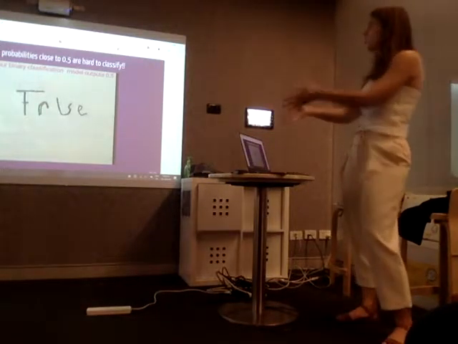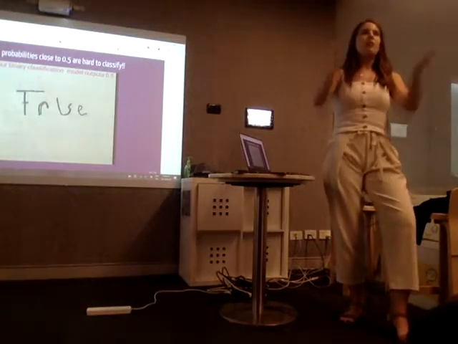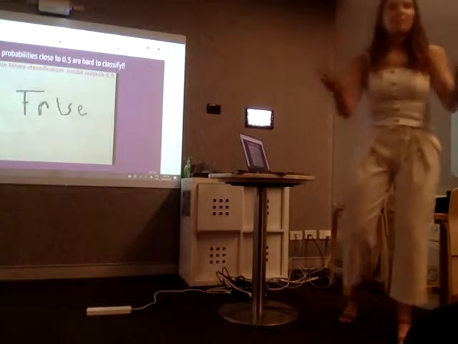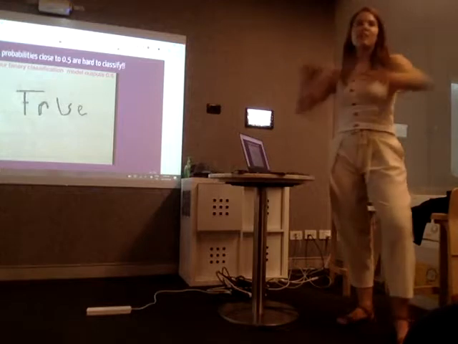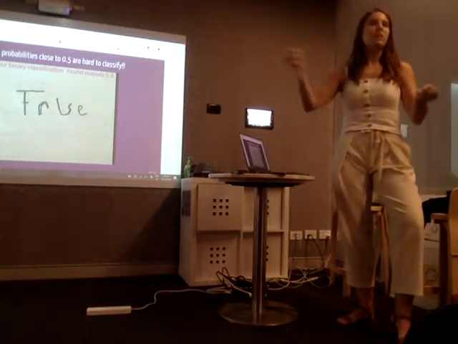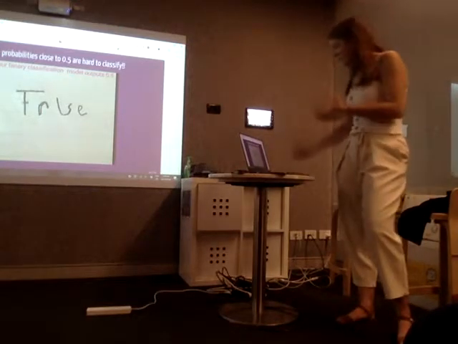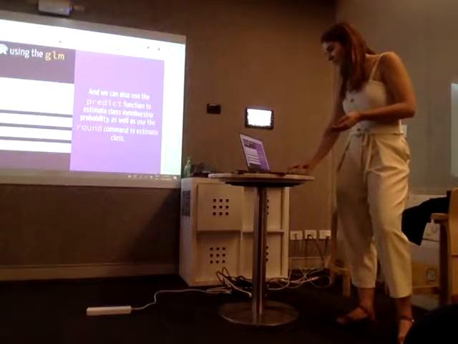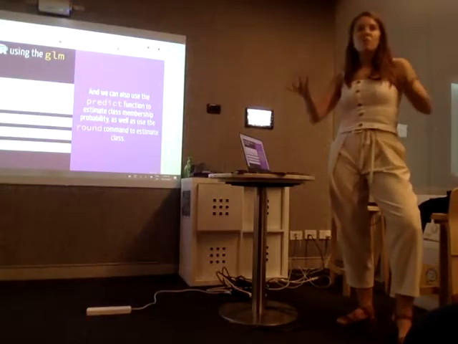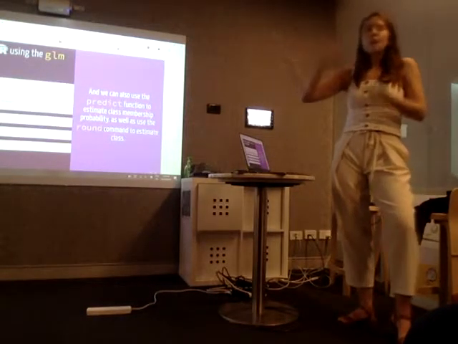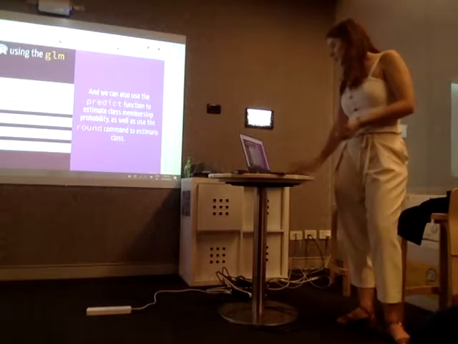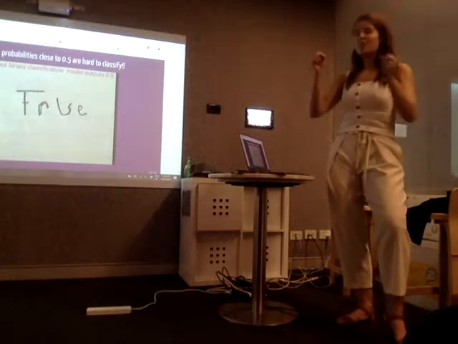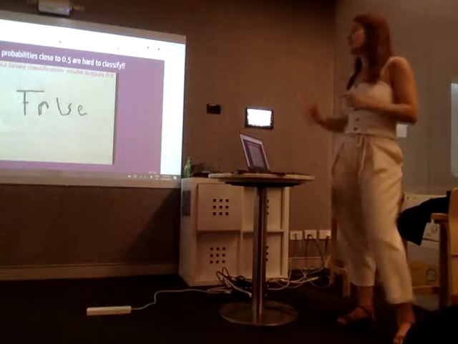Of course, a probability close to 0.5 is hard to classify, and that's part and parcel of doing machine learning: sometimes you're not going to get a perfect signal either way. For example, with the one around 60%, it will probably say spiders are present, but there is a chance they might not be. Obviously you'd like models that have really strong signal, but sometimes that's just not the case.